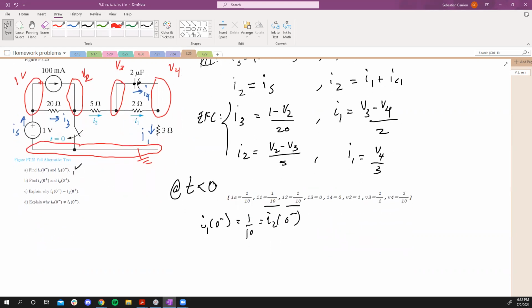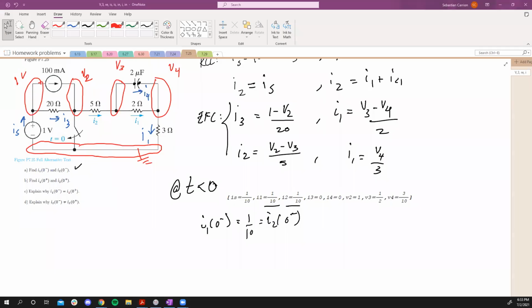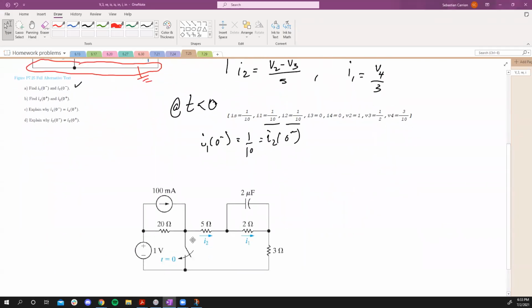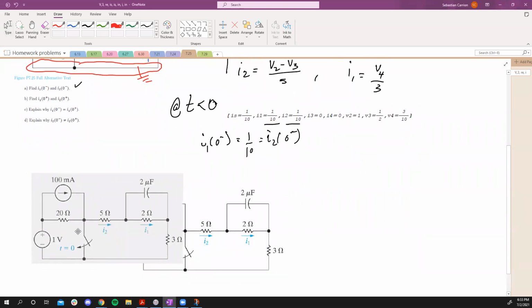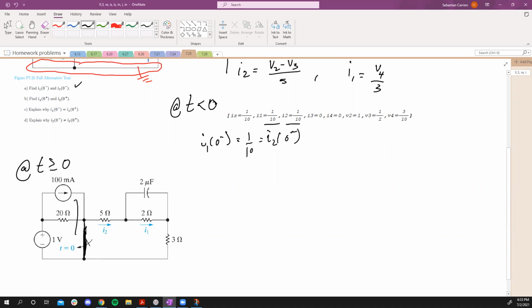So now let's do part 2, and let me copy this image really quick. What happens here once it goes to 0, once we close our switch, current's going to go here.